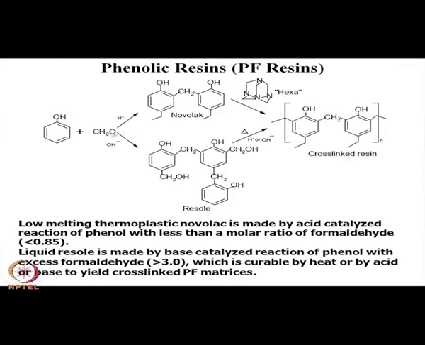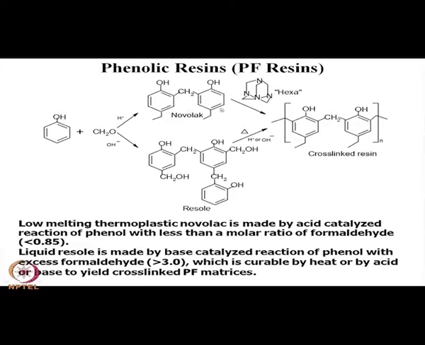In this case, the condensation reaction also proceeds in water medium, but after reaching a certain molecular weight, this separates into a different phase, an organic phase, and there will be separation of water and organic phase.